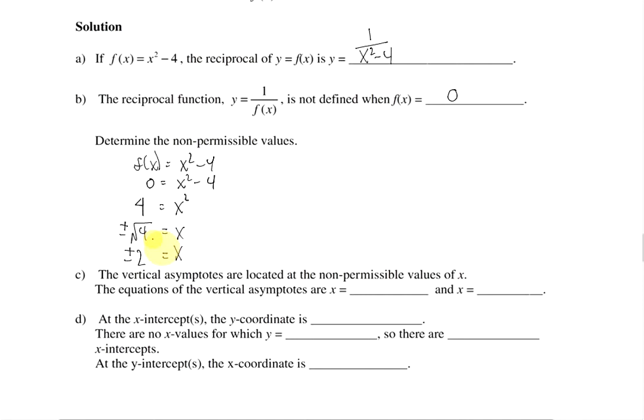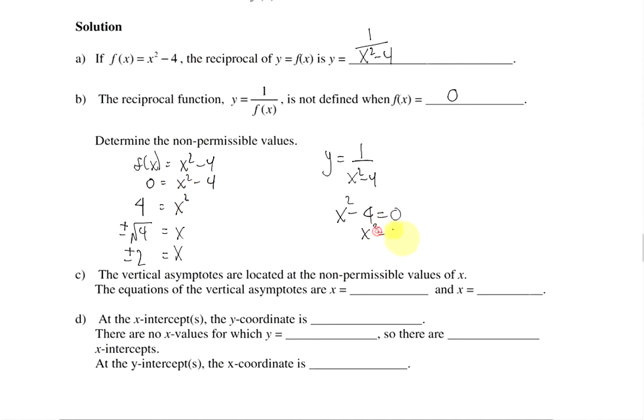Okay, and how does that relate to our reciprocal function? Well, our reciprocal function is y equals 1 over x squared minus 4. And recall from when we were looking at rational expressions, the denominator can't be 0, so that means the x squared minus 4 can't be 0. So let's find out where it is 0. And notice it looks the same as looking for the x-intercept of our original function.